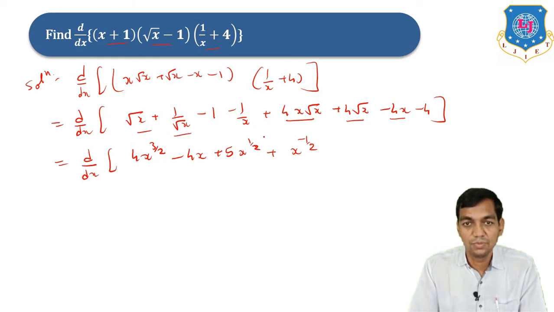Then the term of 1 upon x, that will be minus x raised to minus 1. And the last term minus 1 minus 4, that will be minus 5.